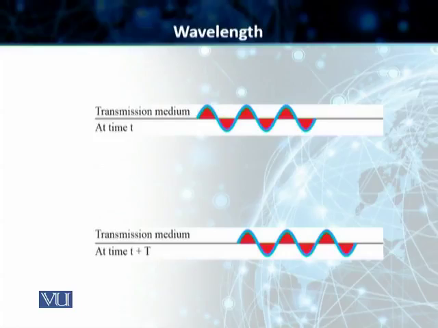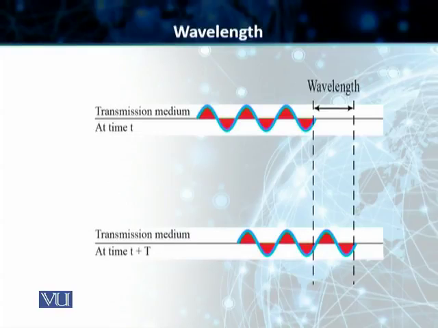Students, as you can see in this figure, I'm showing you a sine wave at two different intervals. At time t, in a particular transmission medium, we have got our sine wave or our periodic analog signal. And then the second snippet shows the same sine wave at time t plus capital T, where capital T, as usual, represents our period.